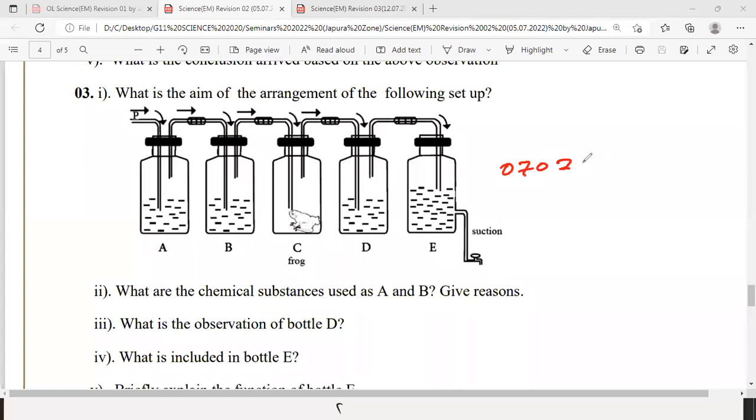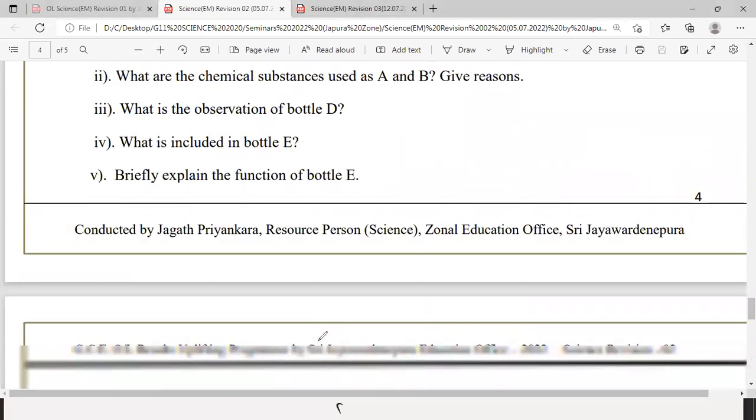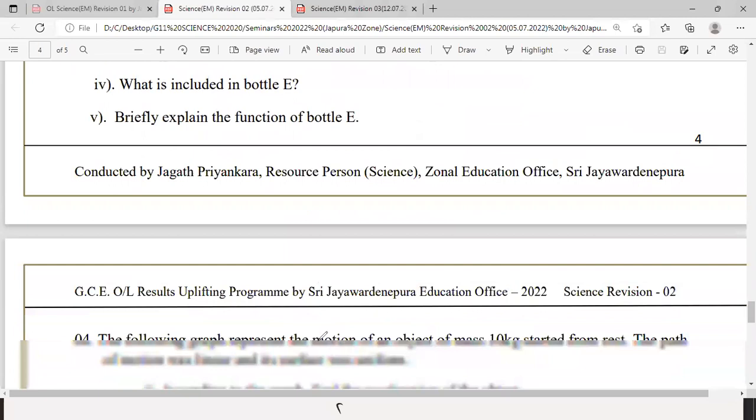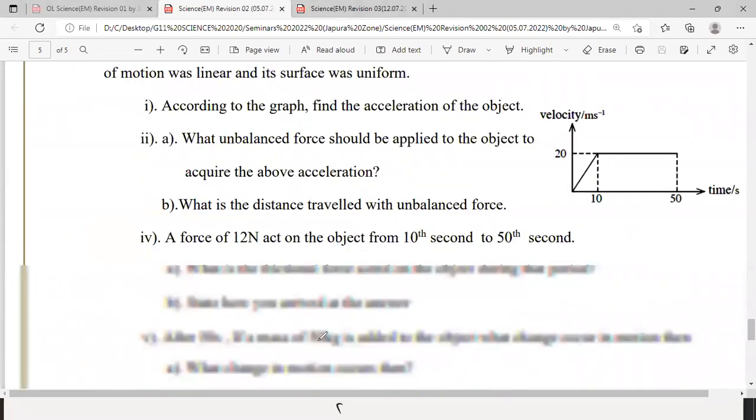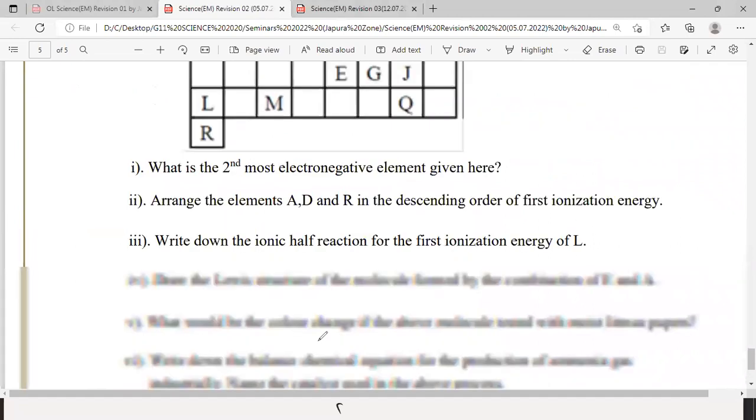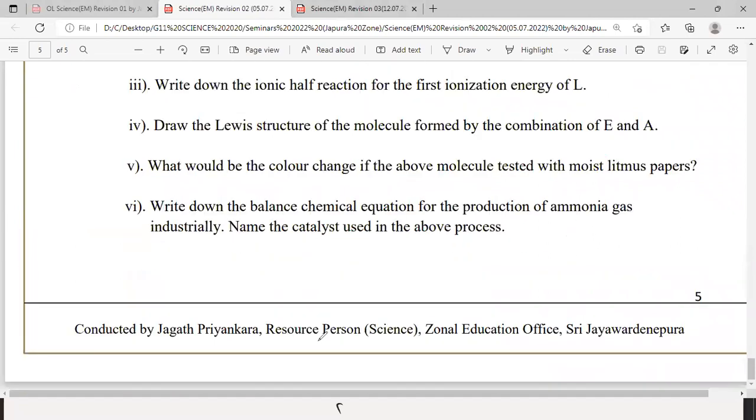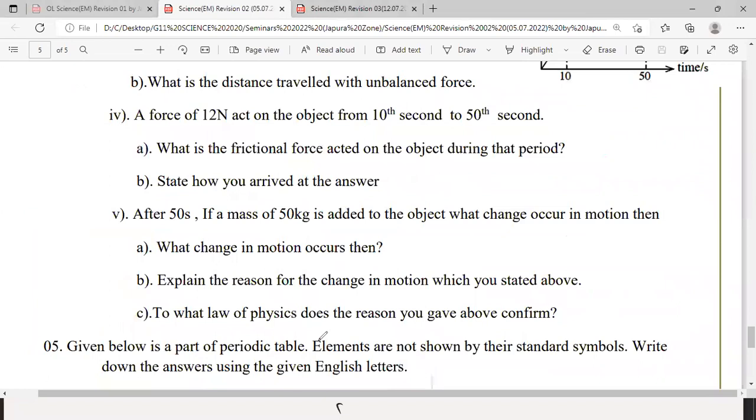If not, send a request to this number with your name, school and revision number 2 and 1. And you have to complete 3, 4, 5 of revision number 2, because I'll be discussing that in the next class. Revision number 2, last 3 questions: 1 from chemistry, 1 from physics, and 1 from biology. That is from the previous one.